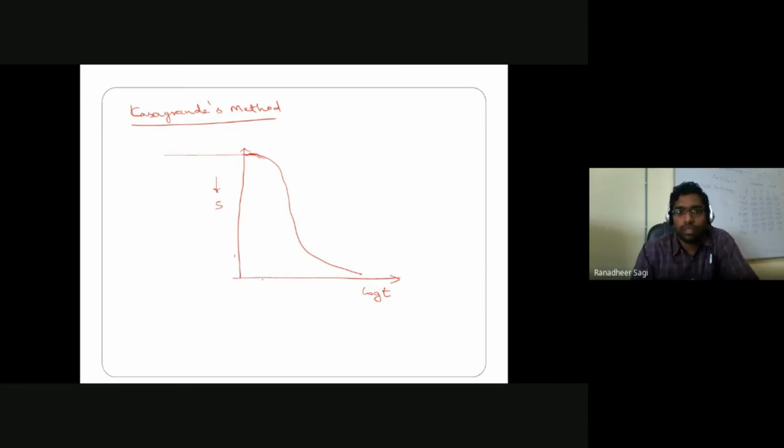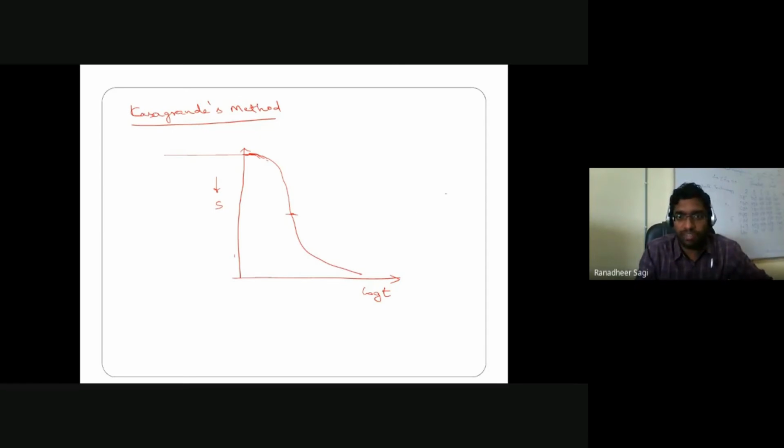Now, in the case of Casagrande's method, we try to identify some particular point on this curve. Look at this curve which we have plotted. We identify a point where, before this point, the curvature of the curve is on one side, and after that point, the curvature is on the other side.